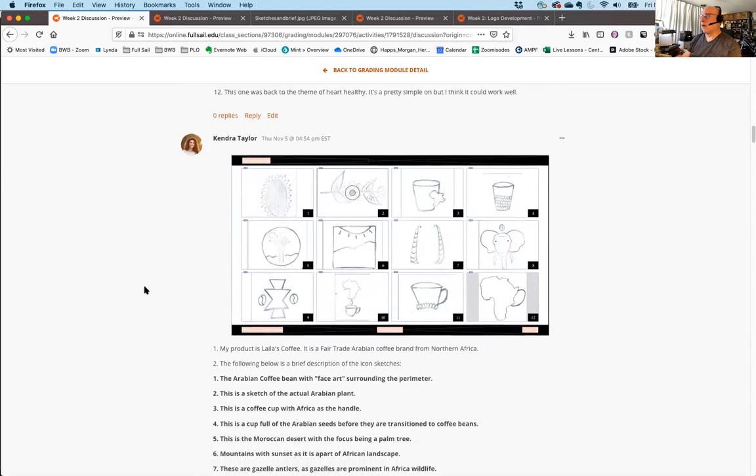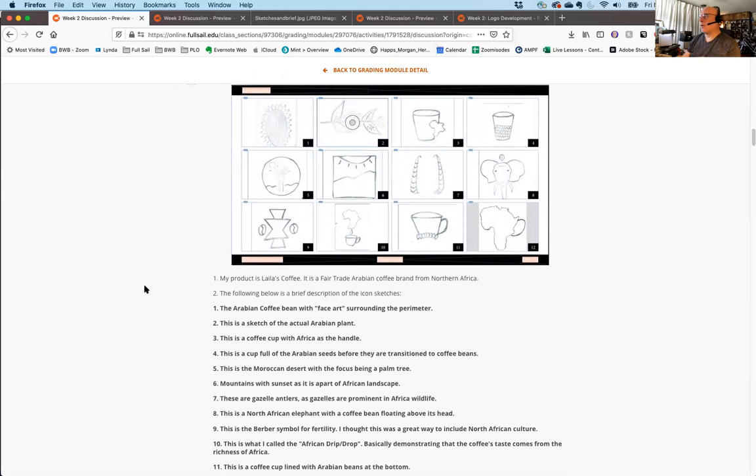All right, Kendra, you're doing Layla's Coffee, which is sort of from North Africa, from like Morocco. So some of these use Africa as the map. I would try to avoid that. I don't think that works really well. Number 1, the face art. This is of interest to me visually. It needs more development to sort of figure out what it's going to be.